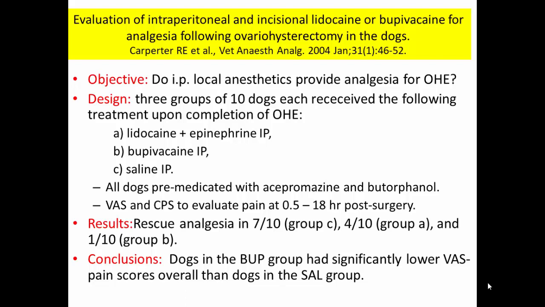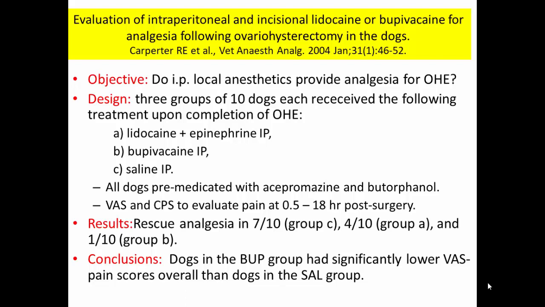And the bottom line is how much basically you are enhancing the analgesia by giving these local anesthetics in the peritoneal cavity. This is actually widely used in human medicine, and in this case the conclusion was that the bupivacaine, which is longer lasting than lidocaine, provided significantly lower pain scores compared with the saline or the lidocaine group.